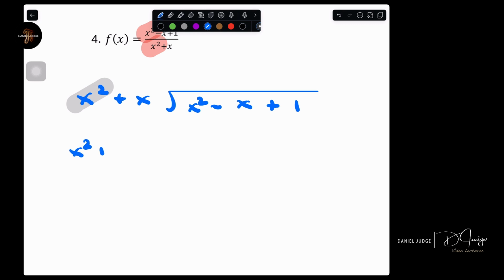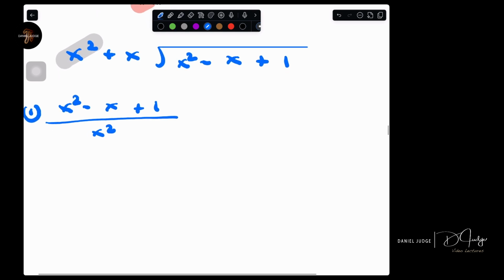We're going to divide every term here by x squared in our first step of division. We'll end up getting 1 minus 1 over x plus 1 over x squared. Oops, I apologize. Sorry.